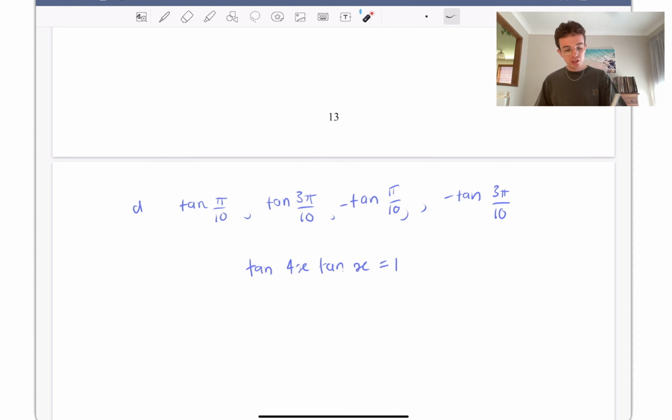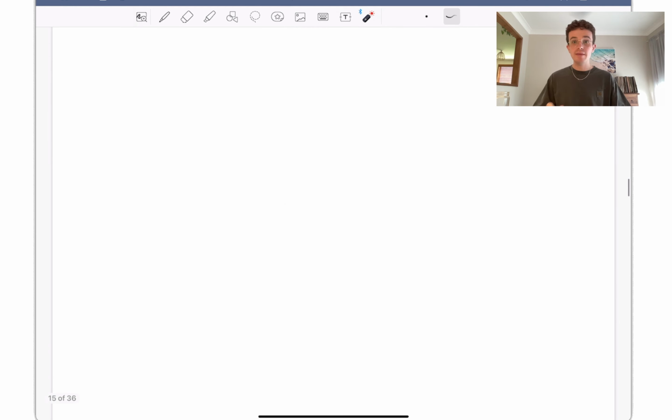So your 4 solutions are the 2 positive solutions, and since 2 negatives make a positive, it's also those two solutions there. Alright, that makes sense, thank you.